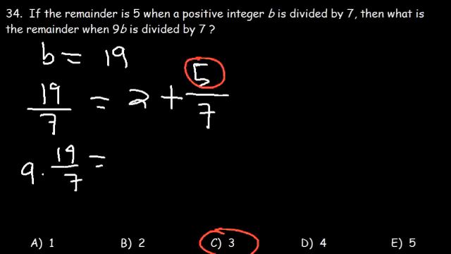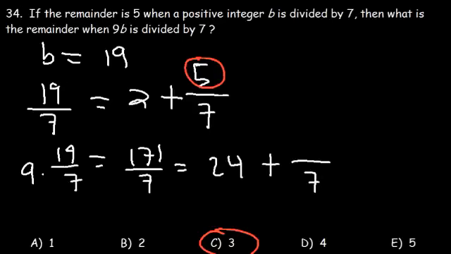So 19 times 9 is 171. How many times does 7 go into 171? 7 times 24 is 168, so 7 can go into 171 at least 24 times. And 171 minus 168 is 3.